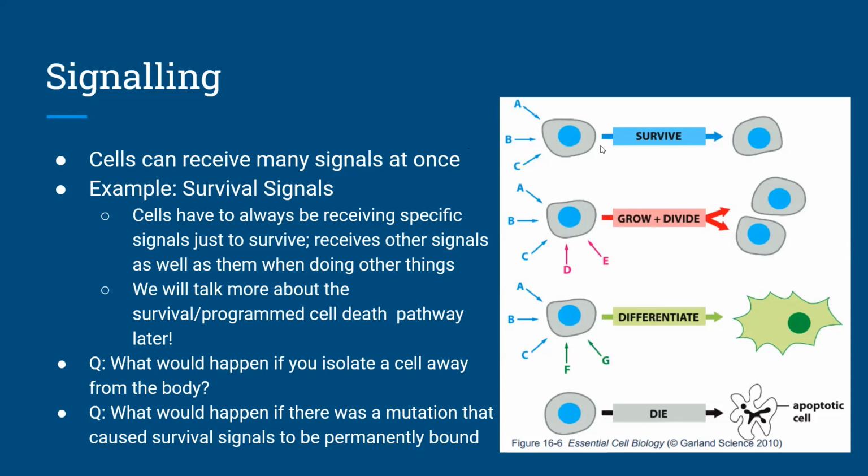As you can see in the picture here, it's receiving multiple signals telling it to survive, and it's always receiving that, regardless of whether it's dividing or differentiating. Once it doesn't receive that signal, it just dies. So that's an example of how a cell is always receiving more than one signal at once.